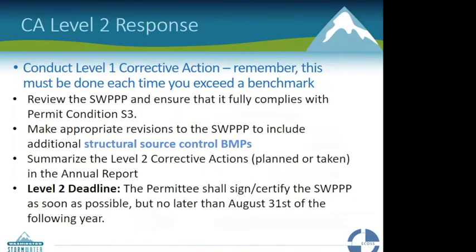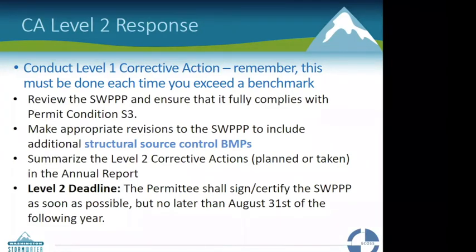Each time you have an exceedance, you need to do a level 1 corrective action, regardless if it's the 2nd or 3rd time. Each time you have to do that. You want to review your SWIP and ensure that it's fully compliant with the permit conditions. You want to make appropriate revisions to the SWIP to include additional structural BMPs.